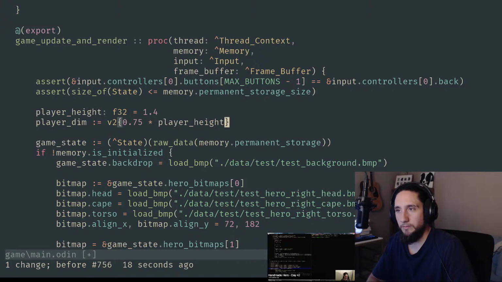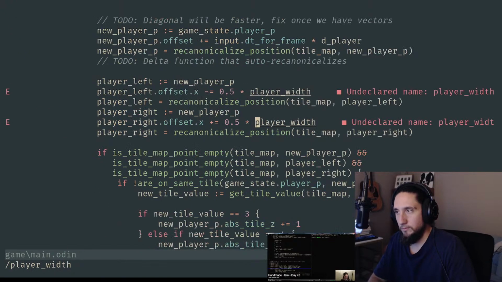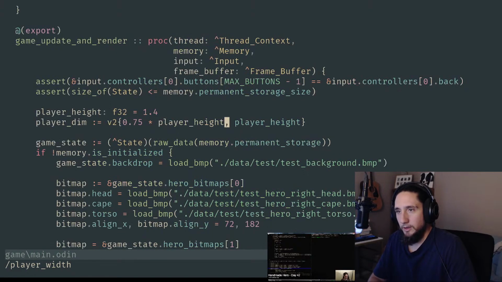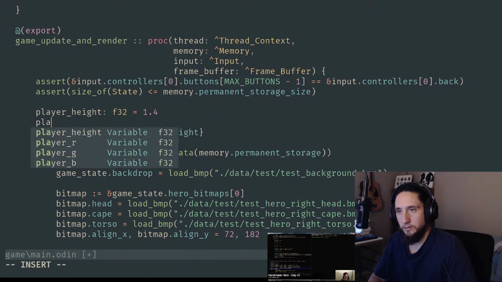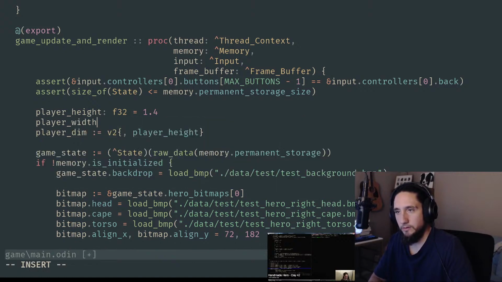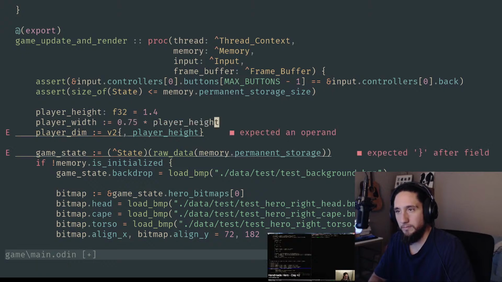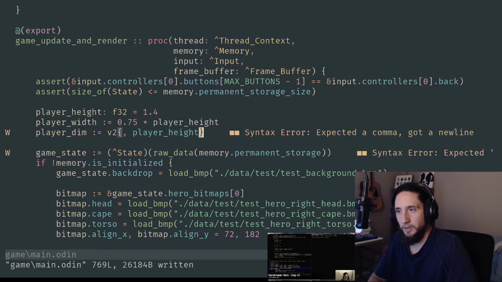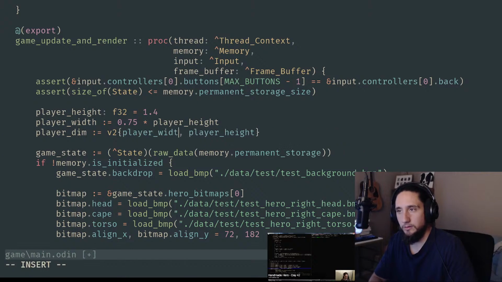Okay, well. Yeah, we could just say player dim.x, but that feels kind of clunky. Let's not do that. Let's just say that this is the player width, like that, and then this can be that.